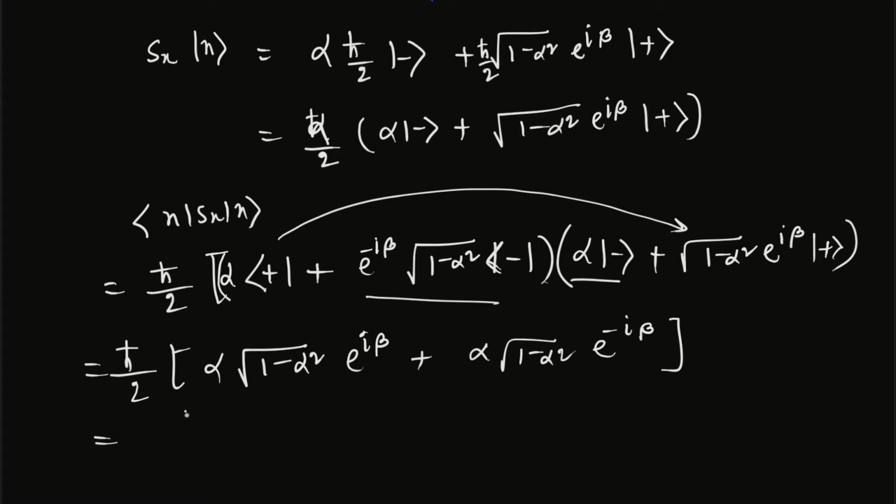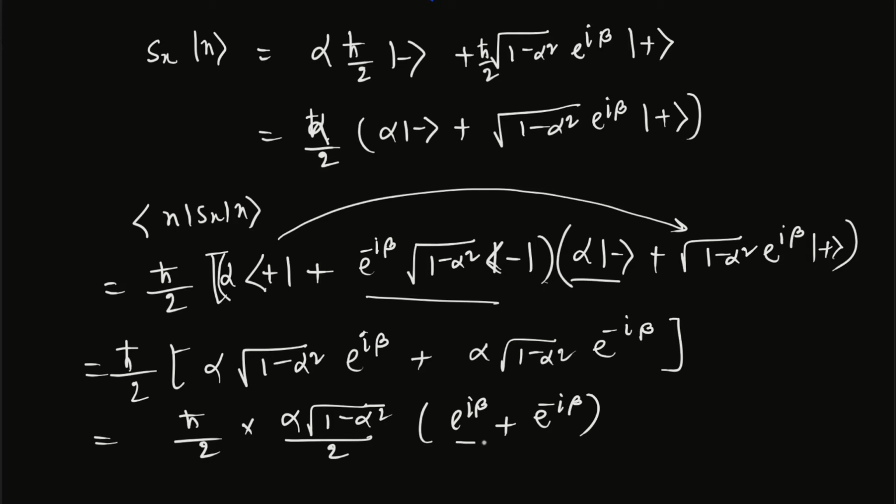So that is h cut by 2 times alpha root of (1 minus alpha squared) times 2 times (e to the power i beta plus e to the power minus i beta) by 2.